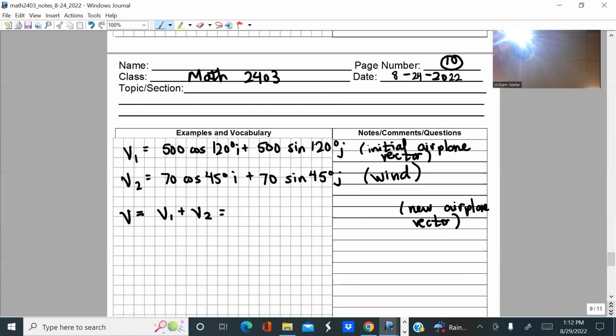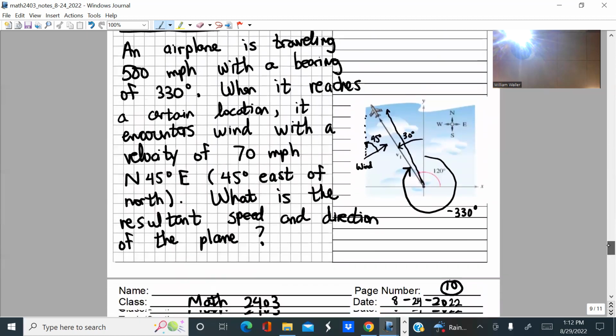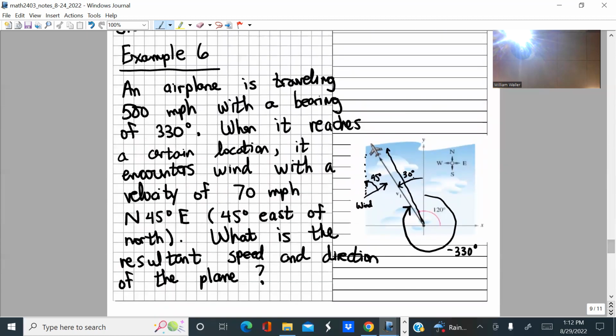Let's make sure we measure direction according to the way we want to do it in this class, right? Not according to a bearing. So the bearing of the plane was 330 degrees, right? So that was 330 degrees from due north. What's this angle, though? Well, remember, if this is 330 degrees, that means it's almost one rotation, but 30 degrees short of one rotation, correct?